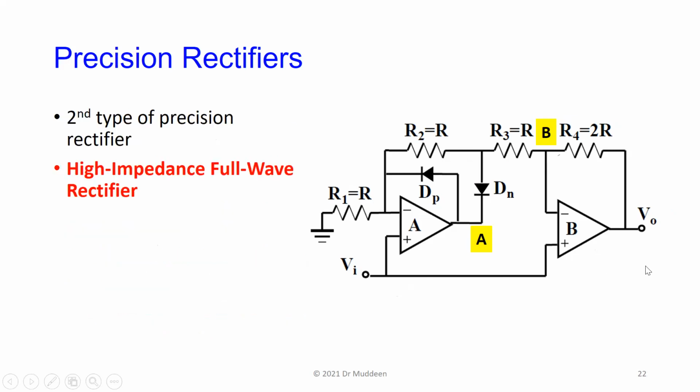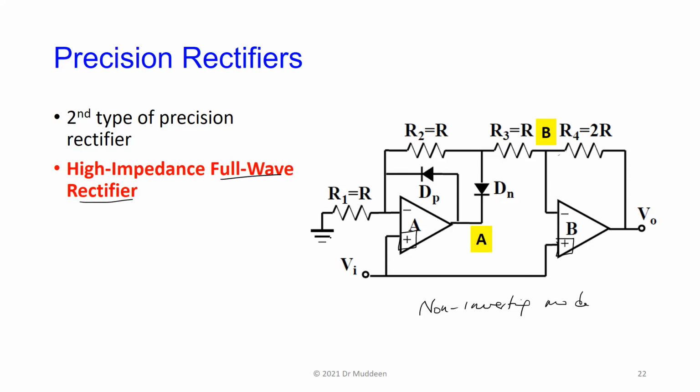And in fact, we call this particular type of rectifier, by first adding the second amplifier and using them in the non-inverting mode for both of them, what we have created is a full wave rectifier. Because we're using them in a non-inverting mode, as I said, the input impedance is now high.